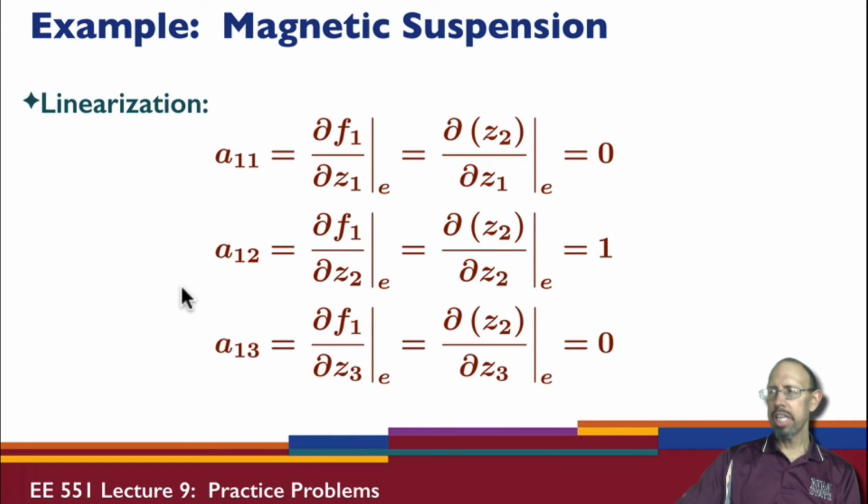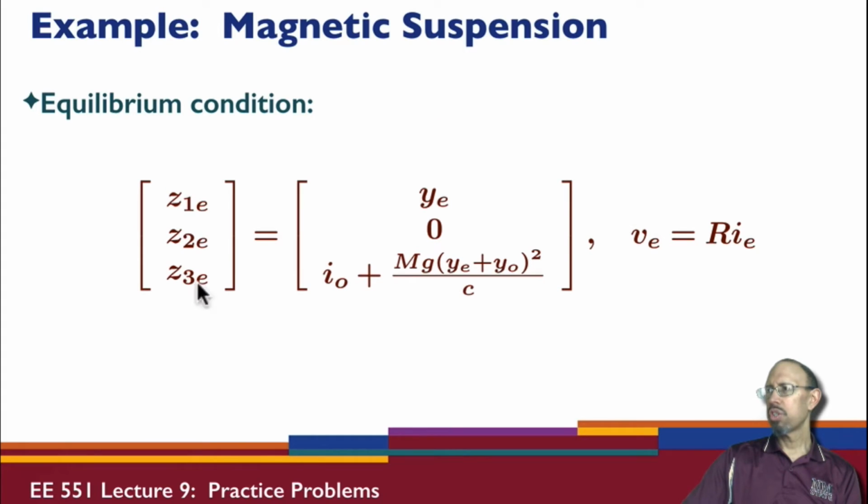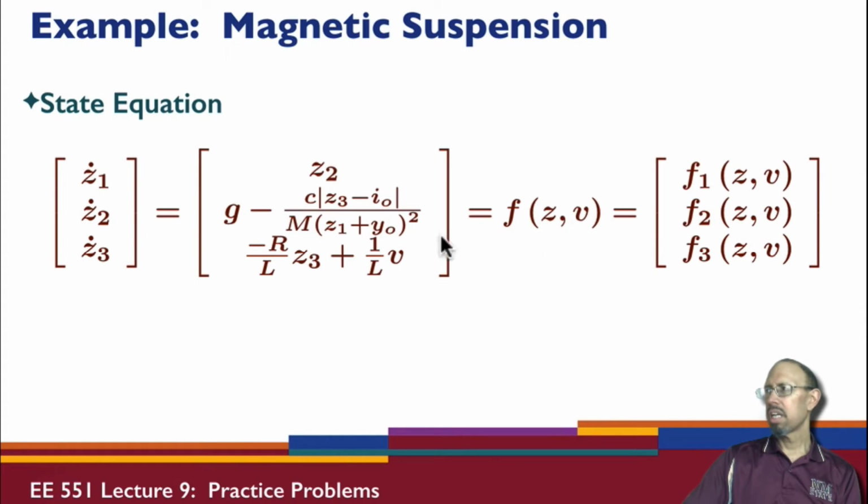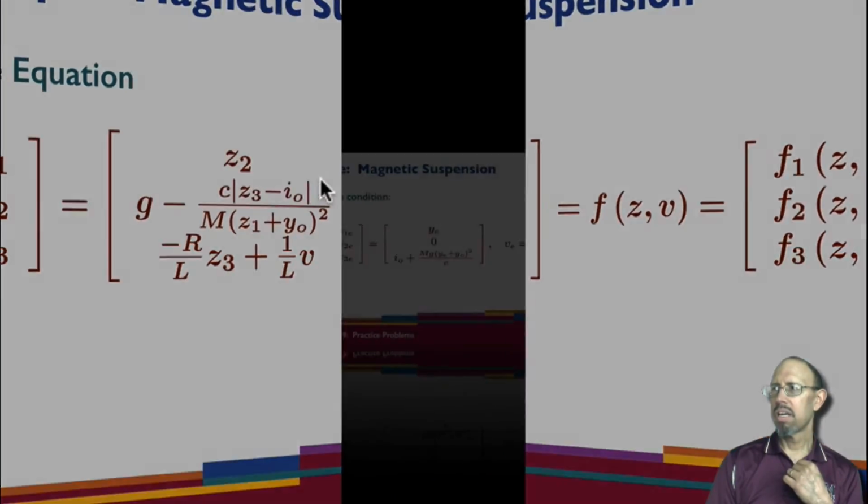Okay, so when we take the partial derivative of f, here is f. I'm going to take the partial derivative of this with respect to z. So that's the partial derivative of f with respect to z1, z2, z3, and then the partial of f with respect to v.